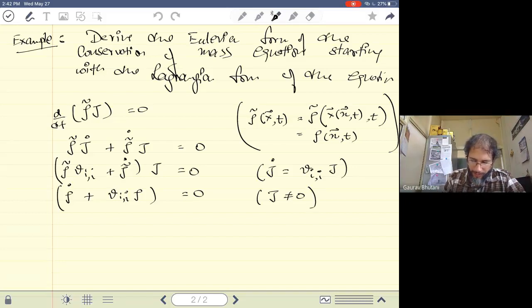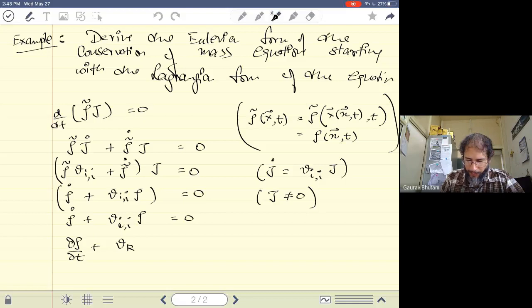So what we finally get is this. This is the Eulerian form of the equation: rho dot plus the divergence of velocity times rho is equal to 0. We had also derived the other form, writing rho dot in terms of the material derivative. So we have a local rate of change of rho, plus the convective part. Let's use index notation, it's much easier to understand. So we have rho comma t, plus v i rho comma i, plus v i comma i rho.